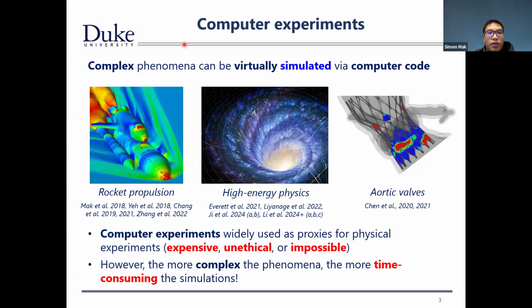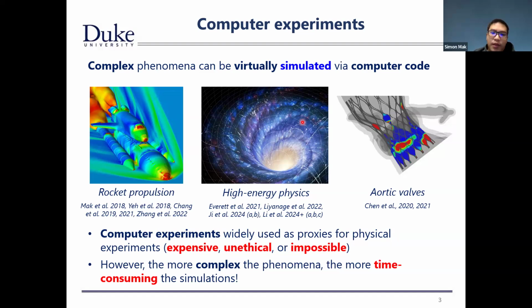So much of our group works in this area called computer experiments, which is basically the virtual simulation of highly complex phenomena via computer code. And so in recent years, our group has worked on various aspects of this, including using this to design rocket engines for spaceflight, in the area of particle collisions and high energy physics, or even in designing 3D printed aortic valves for surgical purposes.